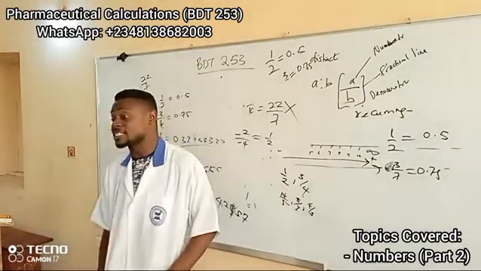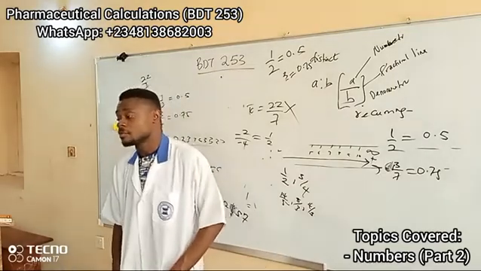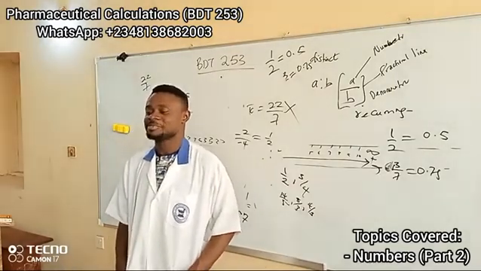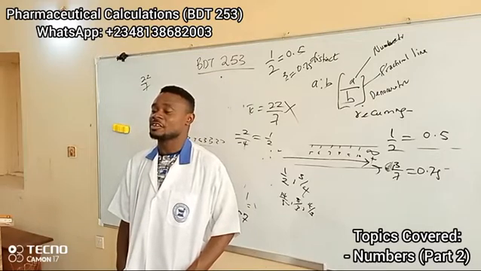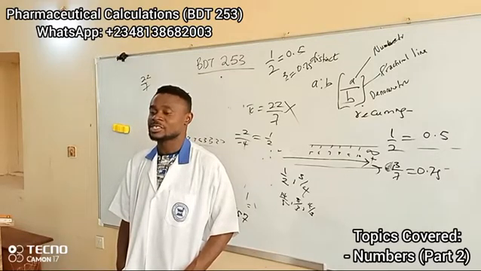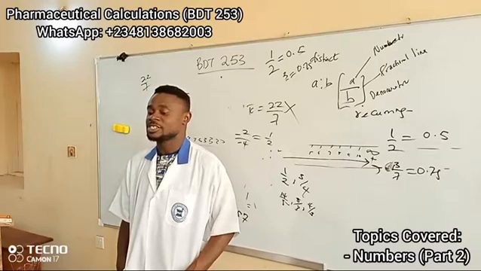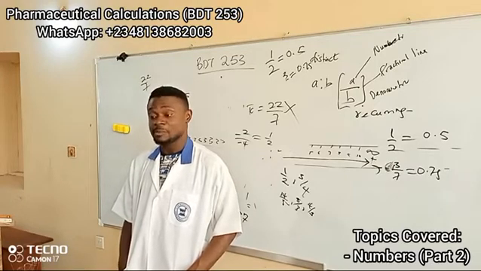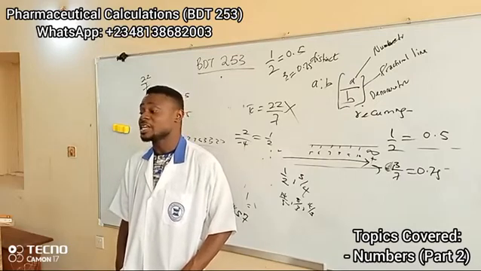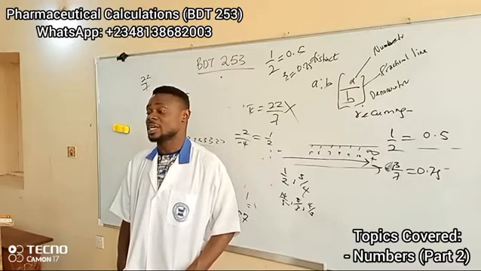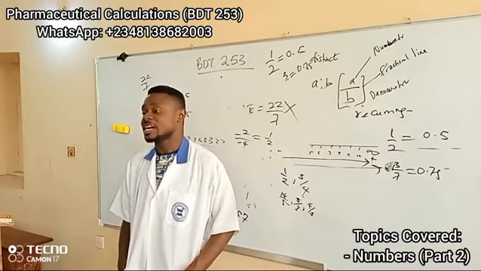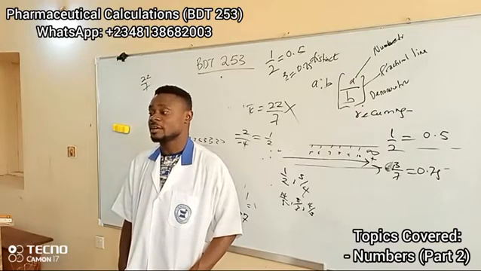An improper fraction is unstable. So if you solve and get an improper fraction, don't leave the result like that. Change it to a mixed fraction. An improper fraction is unstable. So as you are solving, when your answer is an improper fraction, try to bring it down to a mixed fraction.